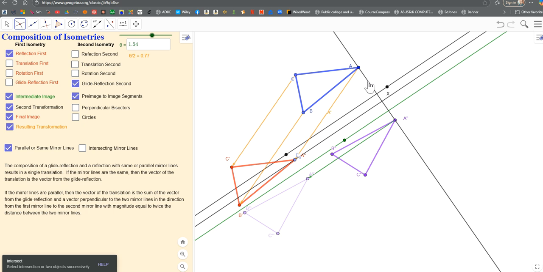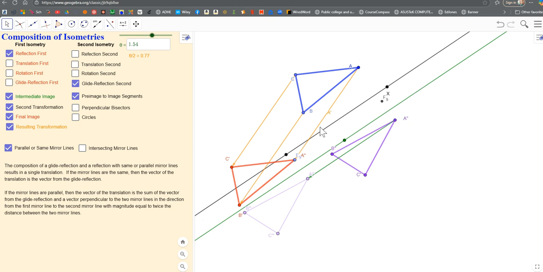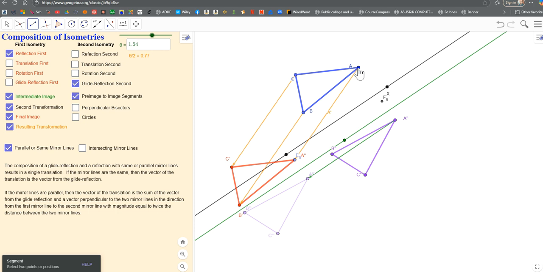We want this one and this one. Okay, now I can hide this. So now if we look at this, we're breaking this into components, one going down this way and then one going this way.